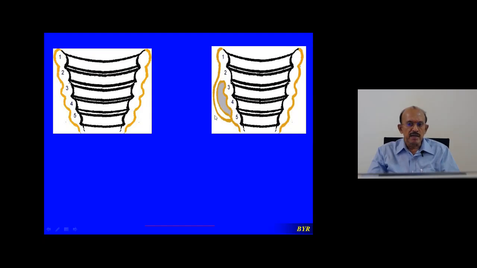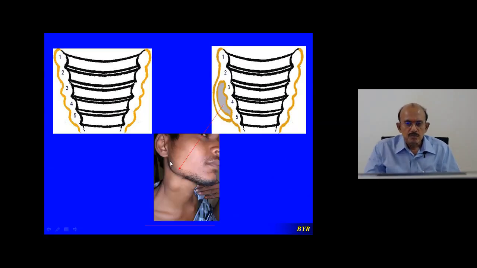So while it is meeting like this, what is happening here? There is an ectodermal island being left behind here. Superficially, it is covered by the second arch. Deeper, it is lined by the third and fourth arches. So this sequestrated area becomes a cyst here, because this is all epidermis.